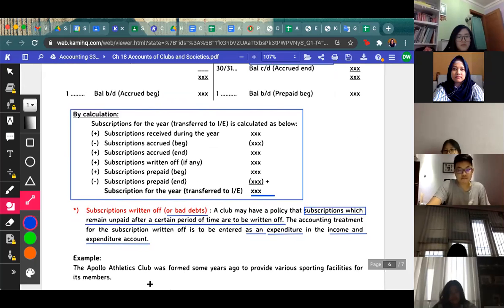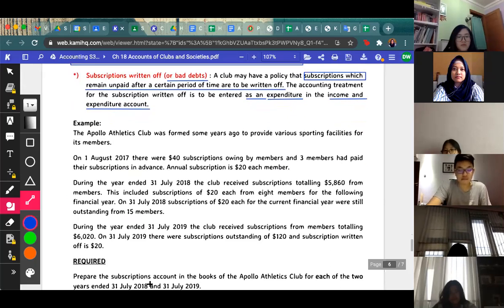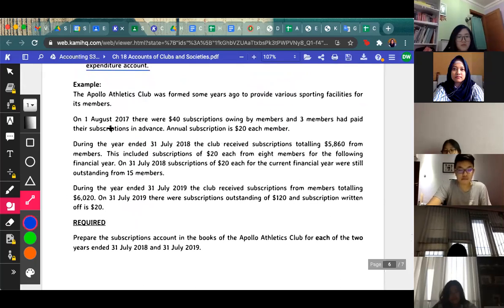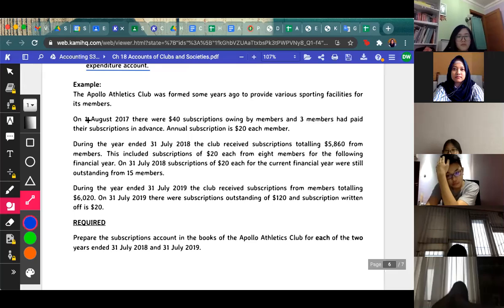So that's about bad debts. Now let's see the example. Still in Apollo Athletic Clubs. Apollo Athletic Clubs was formed some years ago to provide various sporting facilities for its members. On 1st of August 2017, there were 40 subscriptions owing by members. When they give you the date of the first of the month, it will always show you the beginning.